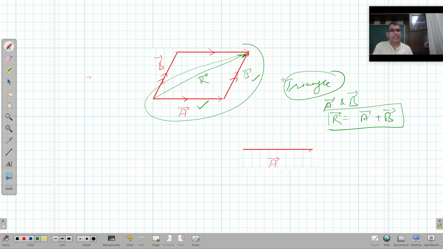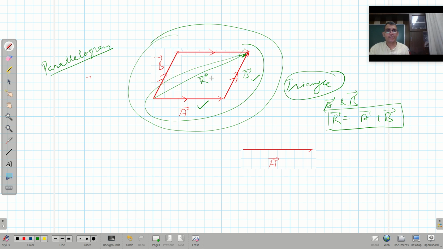But if I look at this figure as a whole, then it's a parallelogram. Then what does it suggest for me?